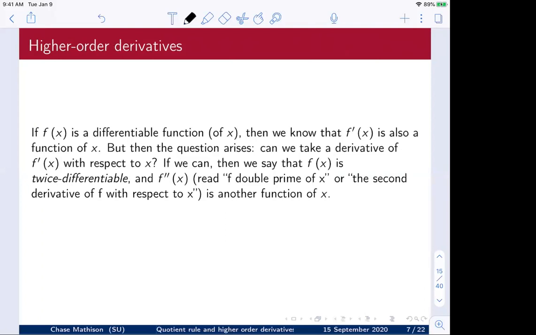So then the next natural question that arises is, well, now can I take another derivative? And in general, as long as you can use these rules that we've been talking about to keep taking derivatives, then you can take as many derivatives as you want, and if you take n derivatives, you call that new function the nth derivative of f with respect to x.